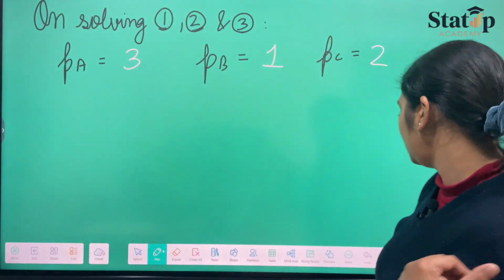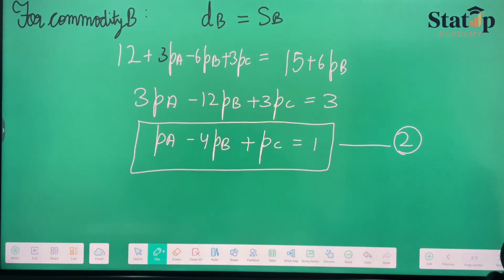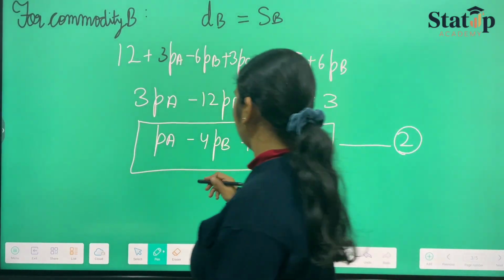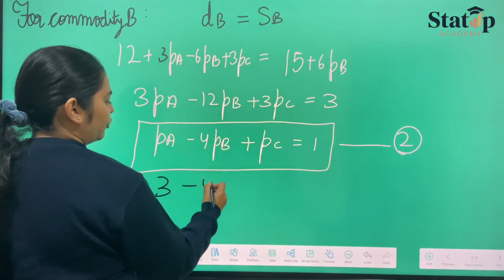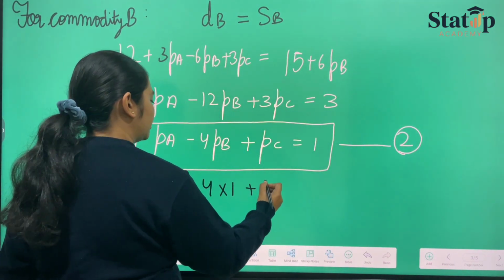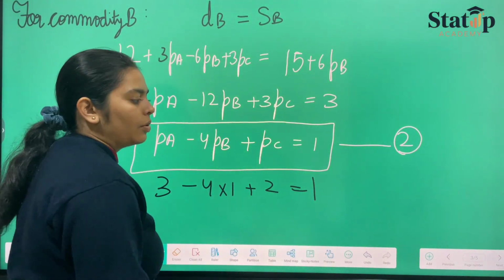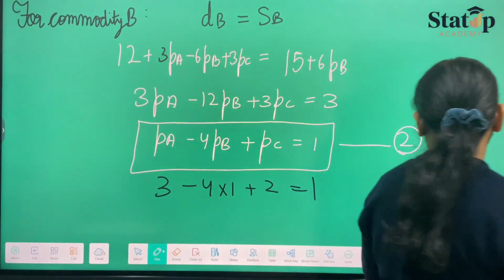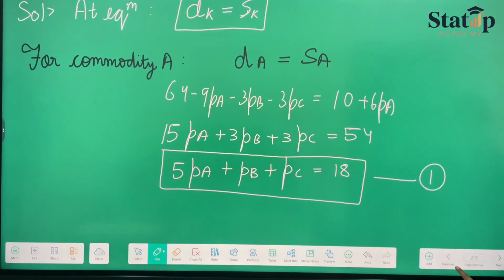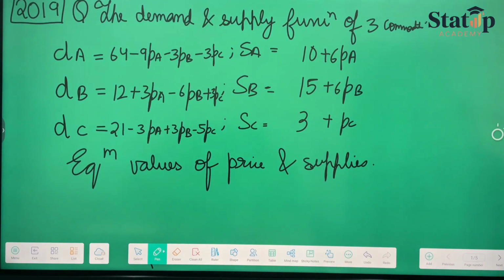We can check that also. If we put 3 here, 3 minus 4 into 1 plus 2. 3 plus 2, 5, 5 minus 4 it comes 1. So our answer is correct.